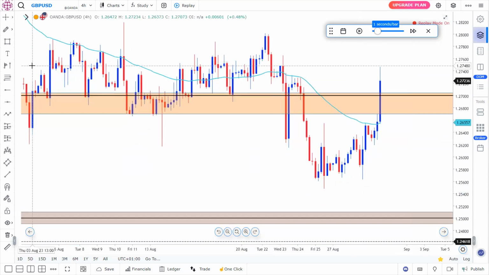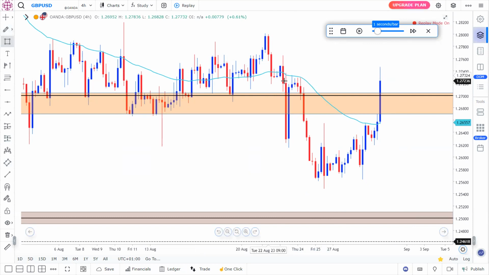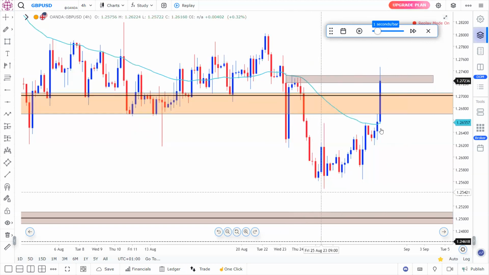But then, once you understand market structure, you know very well this, as long as price stays below our previous lower high level, every one of these are only just pullbacks. So this is more like a 100% retracement.